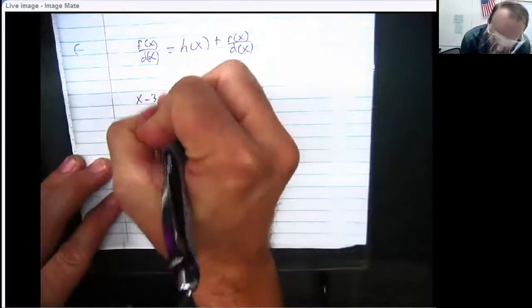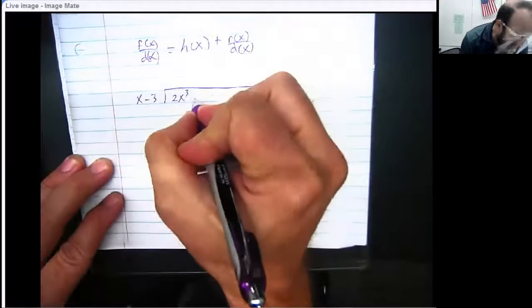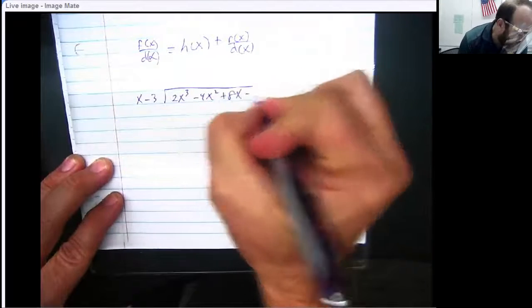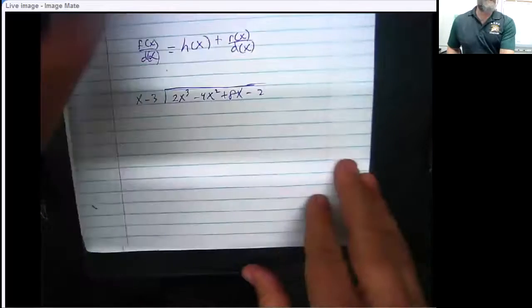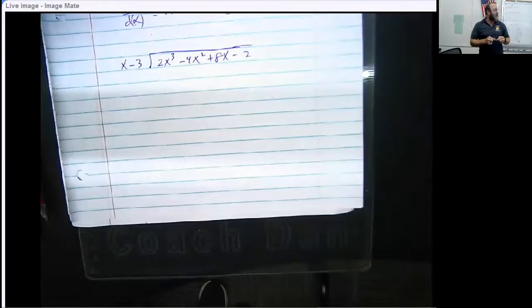So here's my little example. X minus 3 dividing into 2x cubed minus 4x squared. Did you guys do this in Algebra 2? I think you did. This is one of those cases where I just don't know. Some Algebra 2 teachers do this more than others.